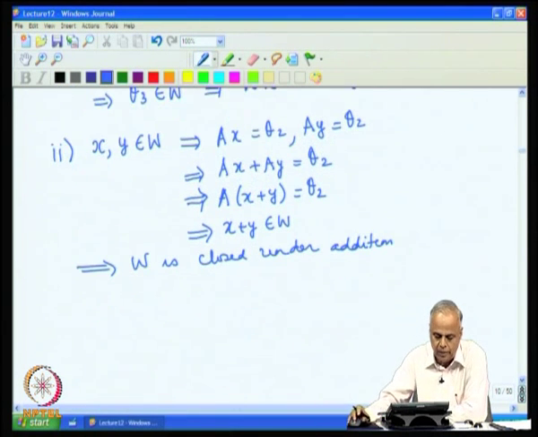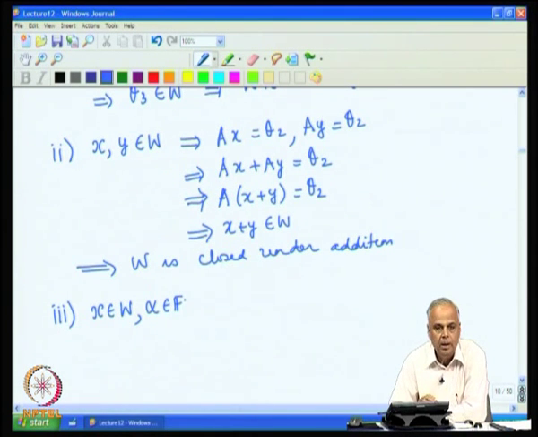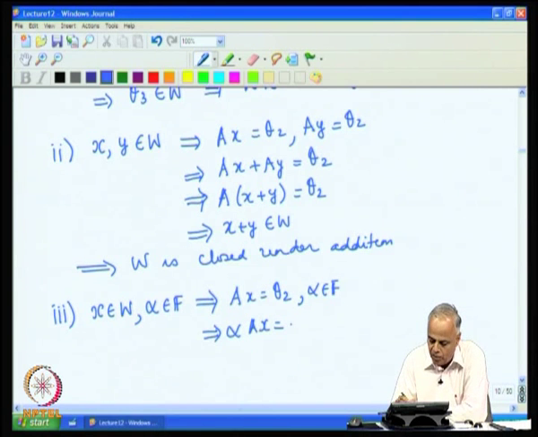The next thing we have to verify is that W is closed under scalar multiplication. So, take x to be in W and alpha to be any scalar, and the fact that x is in W says A x equal to theta 2 and alpha is in F. But if A x is equal to theta 2, alpha times A x will be alpha times theta 2, which is theta 2.